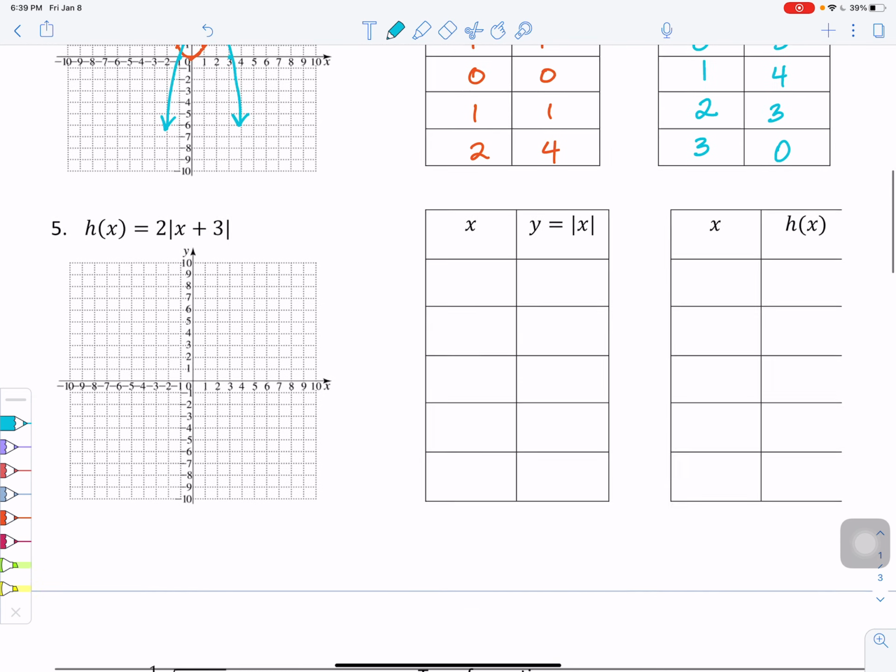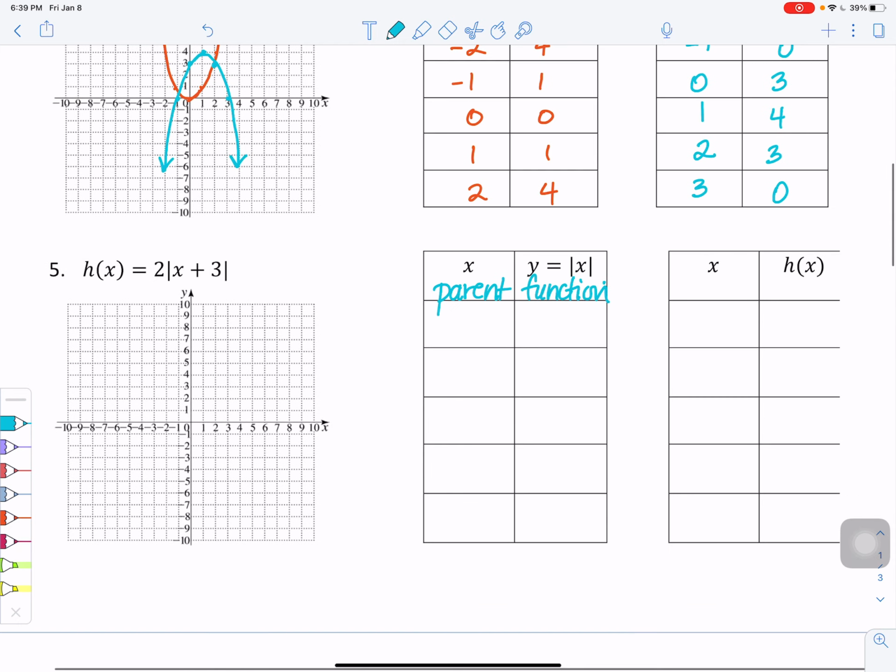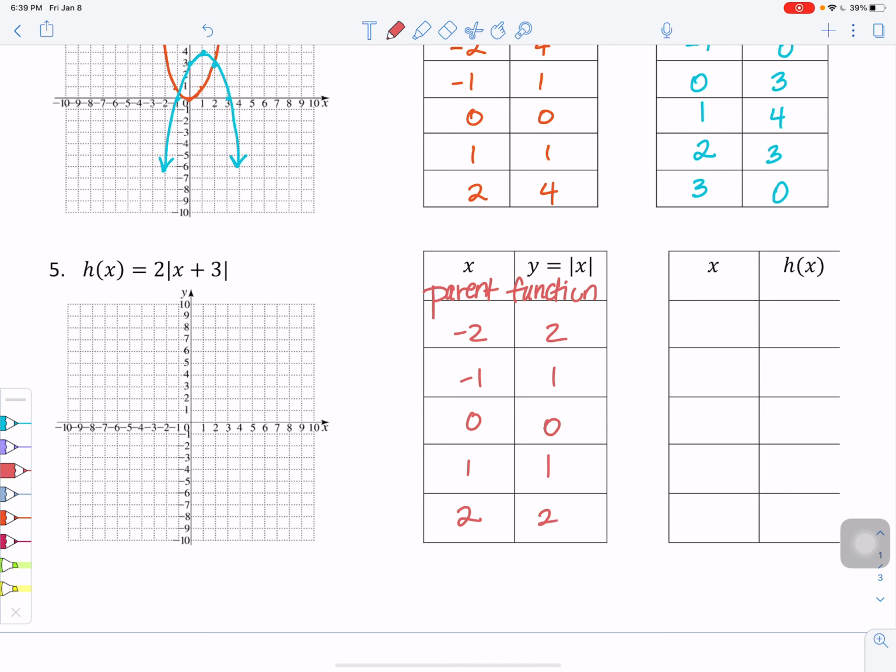Okay, let's take a look at this next one. Here's our parent function, the absolute value function. And let's just put a few points on here from that parent function. I really would like to keep the colors the same. And we'll do the same thing, negative 2, negative 1, 0, 1, 2, and the absolute value of those numbers.